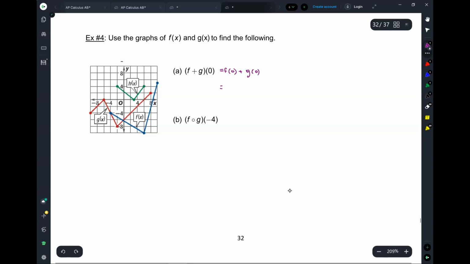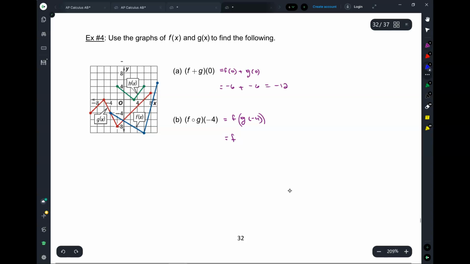And so you just have to go on the graph. f of 0 is -6. What's g of 0? Also -6, about. So that's -12.